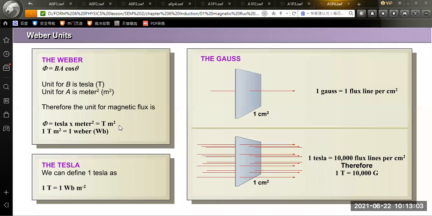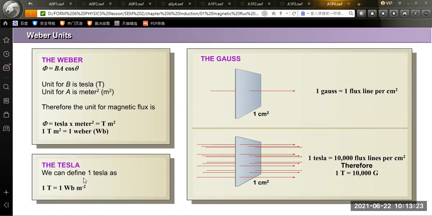So Tesla meter square. 1 Tesla meter square is equal to 1 Weber. One line only, this means that 1 Gauss is equal to 1 flux line per cm square.